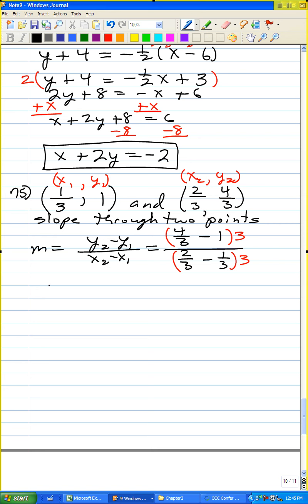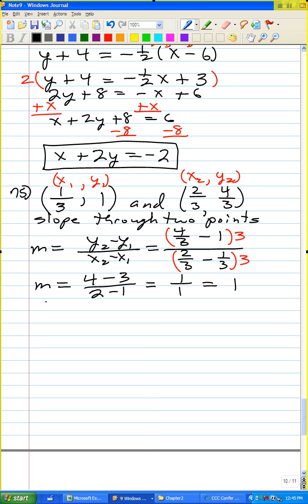And so if I do that, I get m equals 4/3 times 3. Well, the 3's cancel. I get 4. 1 times 3 is 3. 2/3 times 3, well, the 3 cancels, so I just get 2. 1/3 times 3, again, the 3 cancels, so I just get 1. 4 minus 3 is 1. 2 minus 1 is 1. 1 divided by 1 is 1. So the slope is 1.